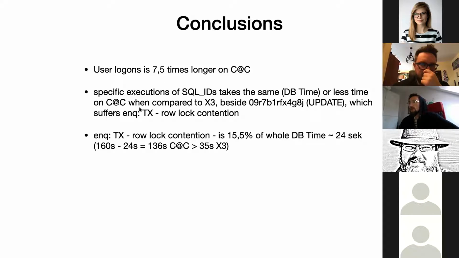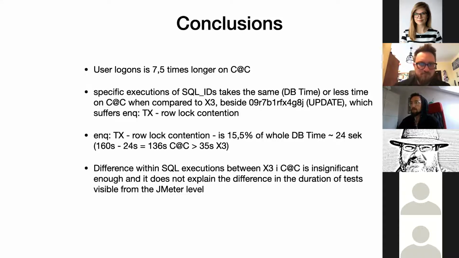So when you look at the 160 seconds, which is the result for the JMeter tests, and subtract the row lock contention from it, it will not explain the differences, because it's still big compared to the test duration on X3 side.